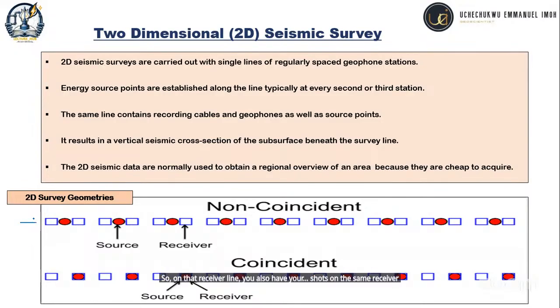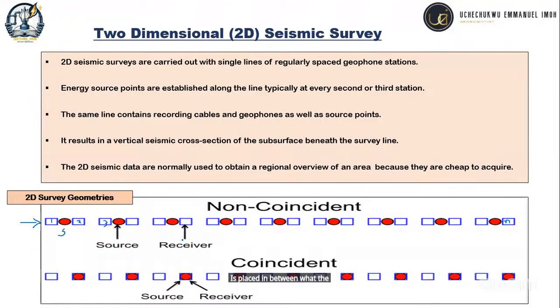So like on the first one, you have your receivers placed 1, 2, 3, up to the last one, N, at a regular interval. And on the same line, you keep placing your shots in between the receivers. So the shot points are placed in between the receivers.